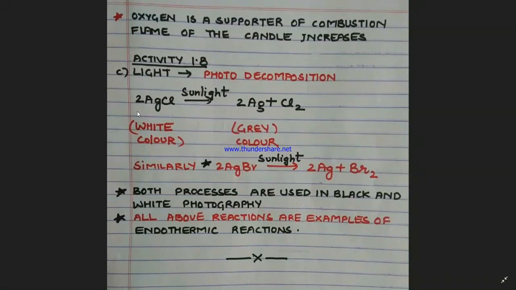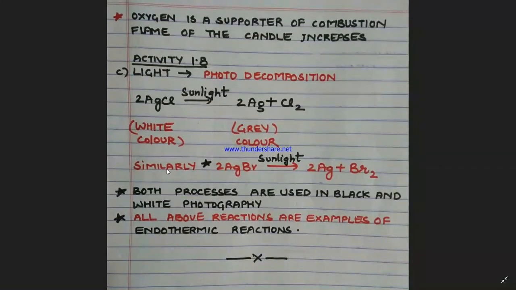AgCl is actually a white color compound, and in presence of sunlight it changes into grey color. This change of color is our observation which tells us that decomposition of silver chloride has taken place. So this is a very good and important example of photodecomposition. In a similar way, silver bromide breaks down into silver and bromine.